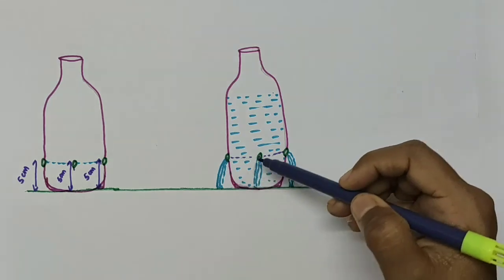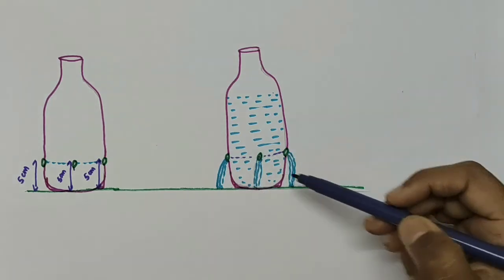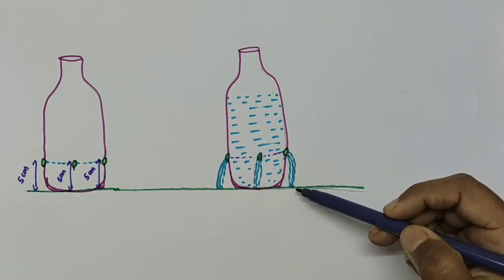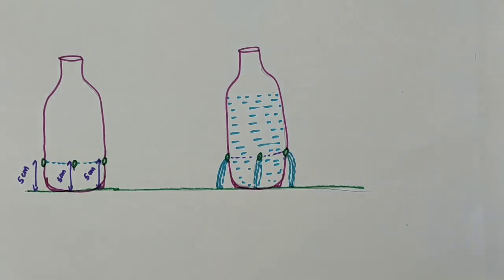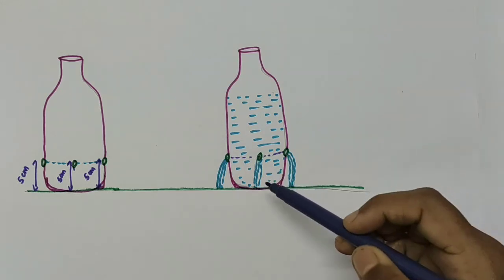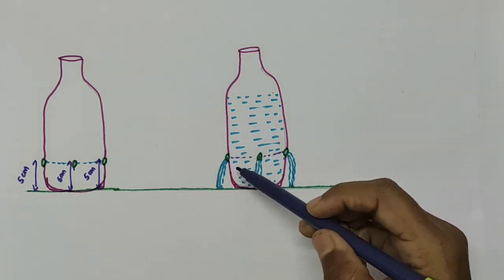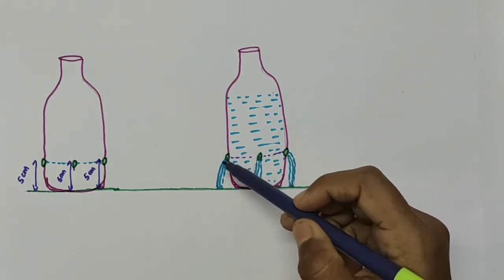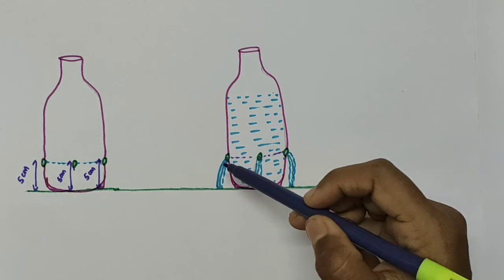The streams of water coming out of the holes will fall at the same distance from the bottle. That means liquids exert equal pressure at the same depth.